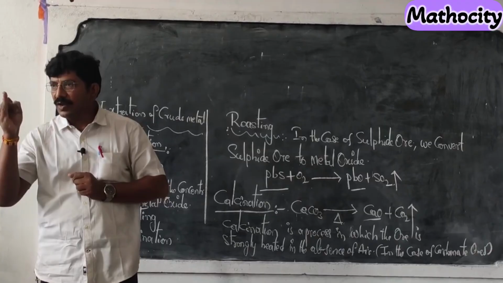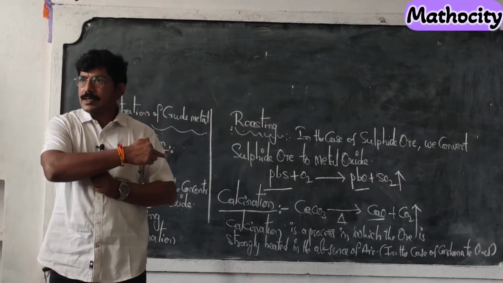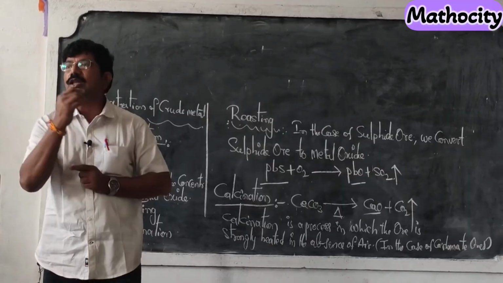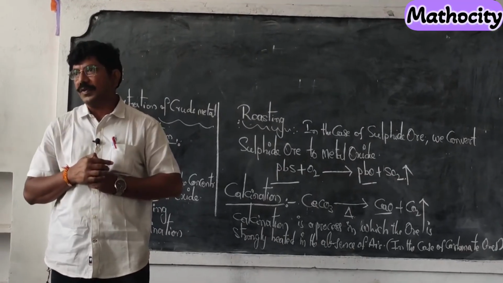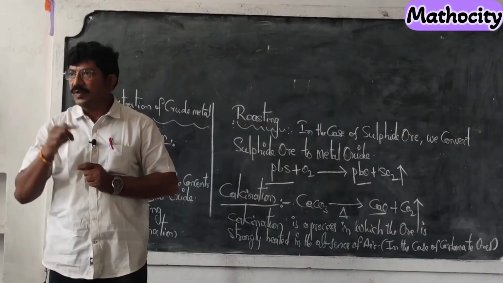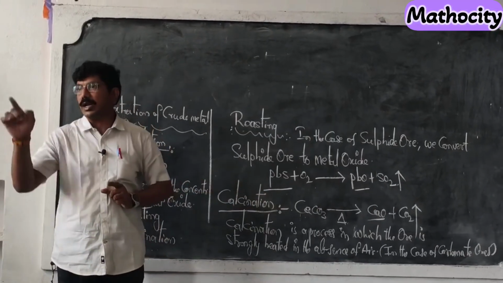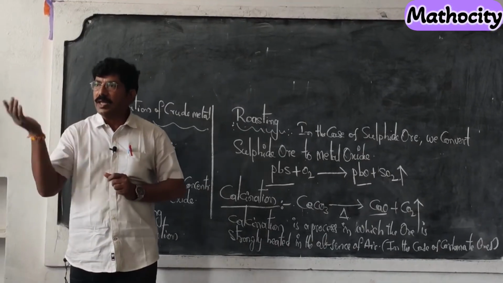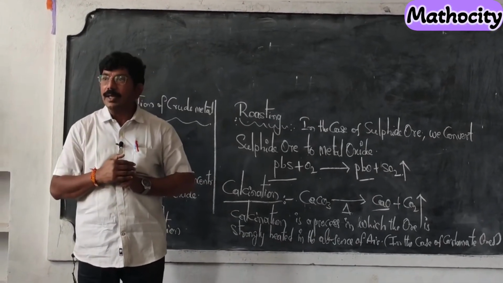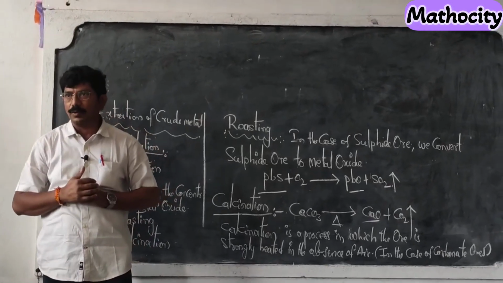So there the sulfide ore is converted to oxide ore. Next, calcination. In the calcination process, we are heating the ore strongly in the absence of air. There the carbonate ore is converted to oxide ore, metal oxide. If any unwanted impurities are present, they are removed as gases. Are you clear about that?